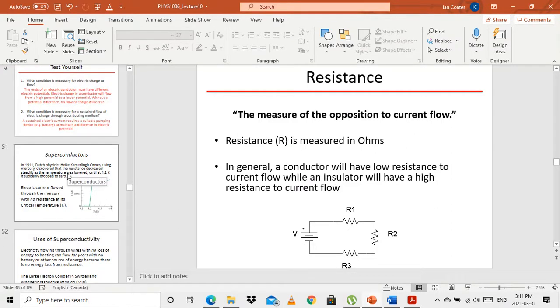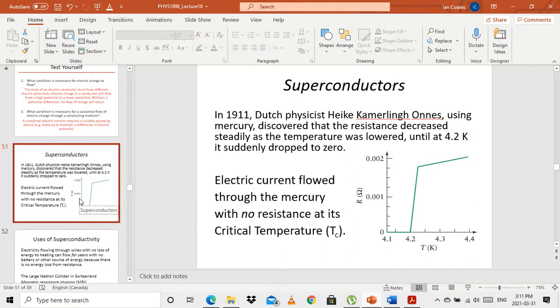Good. Geez, man, we're moving. We were talking there about superconductors. Remember we were talking about the gallium and silicon and all these guys. It's quite interesting to see that most elements... Well, here, I'll just be quiet and read it. In 1911, Dutch physicist Heike Onnes, using mercury, discovered that the resistance decreased steadily as the temperature was lowered.